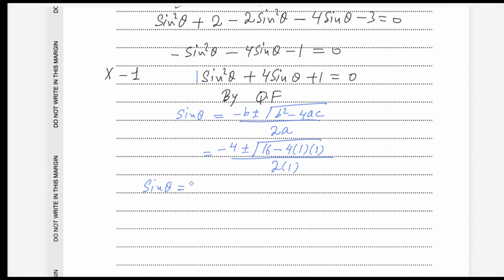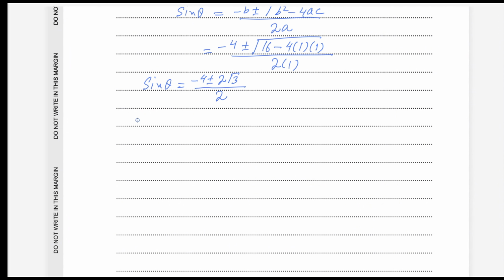Sin theta is equal to minus 4 plus or minus, solve the value under the square root, it is 12, square root of 12 is 2 square root 3, use a calculator, divided by 2. So sin theta will be equal to minus 4 plus 2 square root 3 divided by 2, and here the other value, sin theta is equal to minus 4 minus 2 square root 3 over 2.